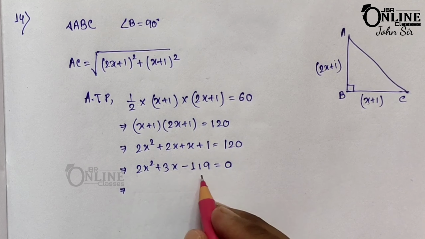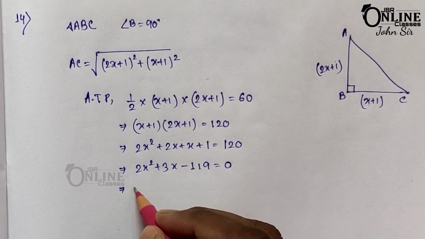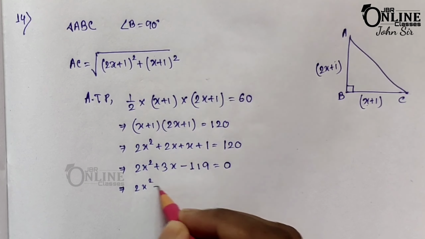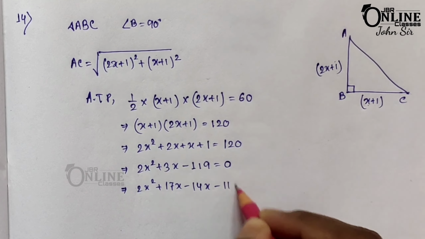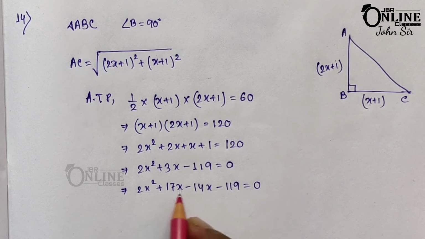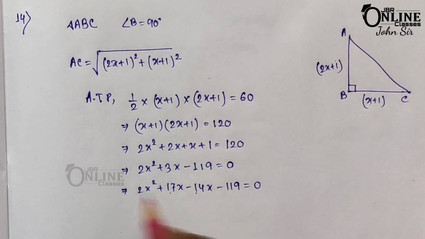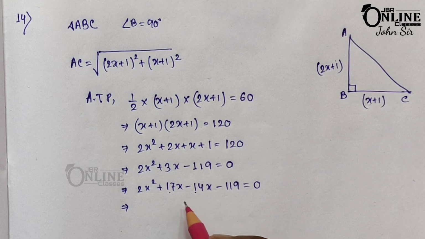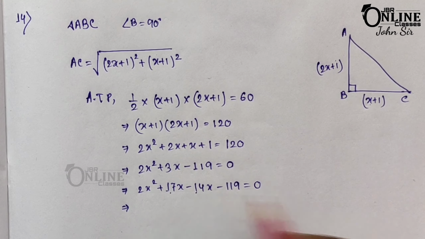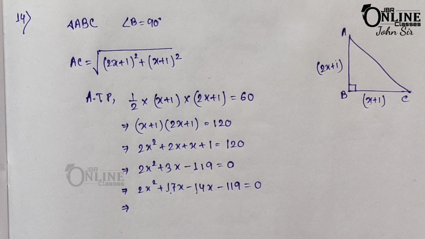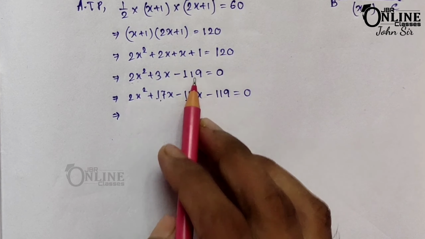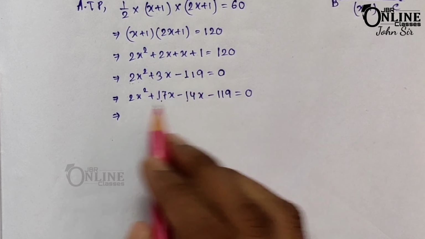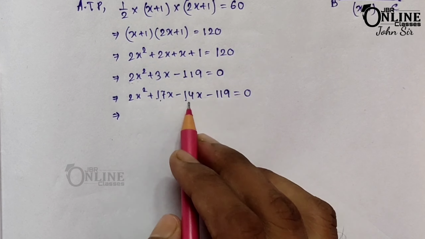So solve it by middle term factorization and it will be 2x square plus 17x minus 14x minus 119 equals 0, because 17 into 14 becomes 119. Okay, so here you have 2x square and 119, then 119 into 2, and from the factorization you will get 17 and minus 14.